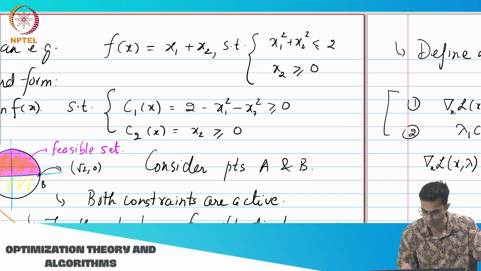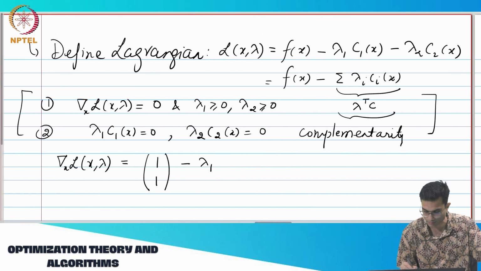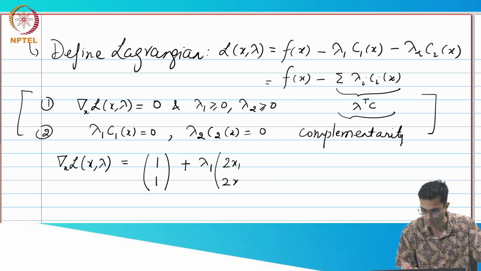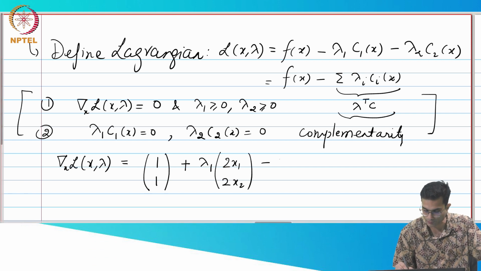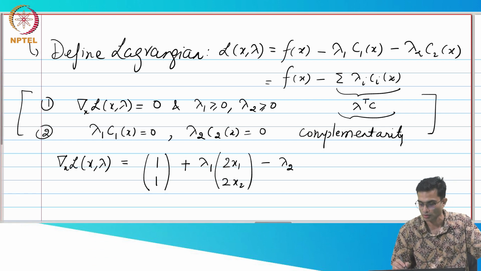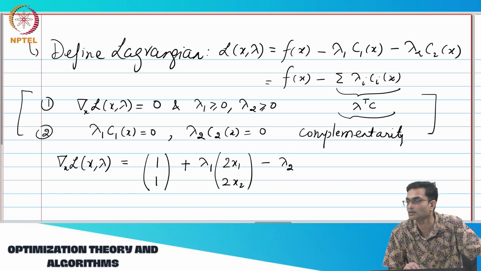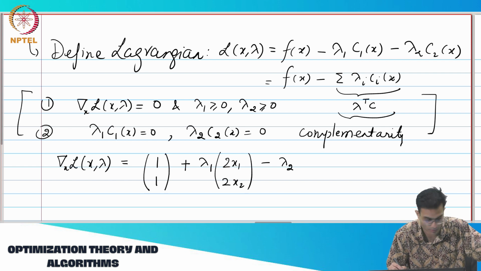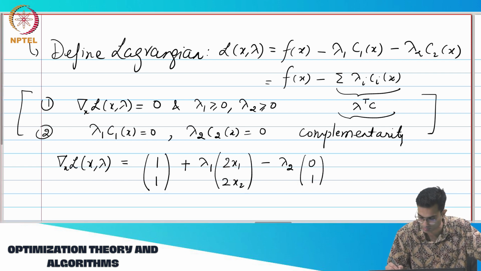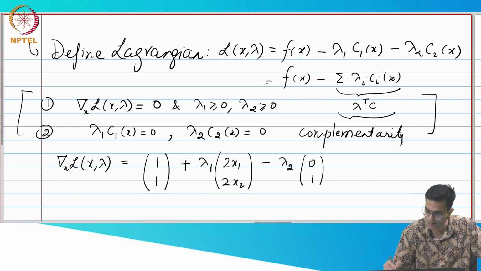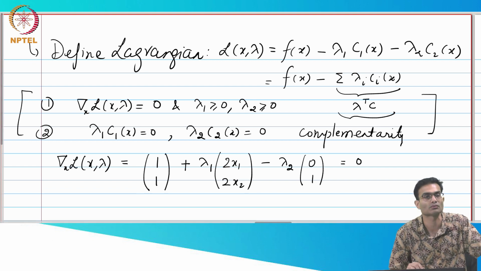So that minus will make this guy plus, and I have 2x1, 2x2, and then I have a minus lambda 2. What is C2? x2. So its gradient is 0, 1. The minus sign stays there. So 0, 1, and I want this to be equal to 0.